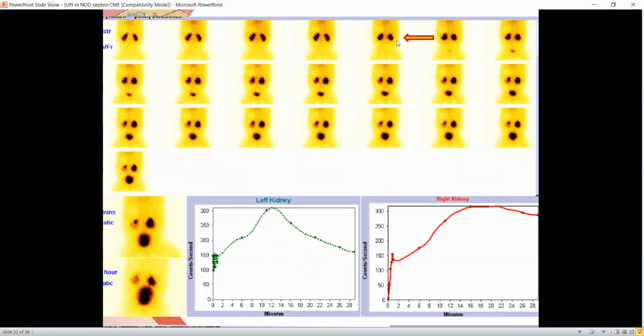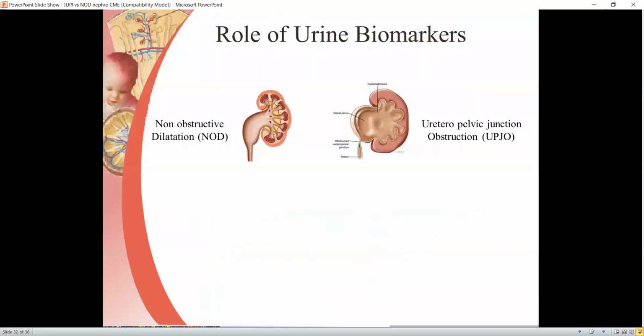You can see that the cortical transit time is something like 3 to 4 minutes, so it has started appearing very early. There is some hold up in the late film, and then the curve looks like it is draining. So what is it? Is it an ureteropelvic junction obstruction, or can you wait? I suppose I'll wait in this particular patient and then repeat the studies in 6 months' time.